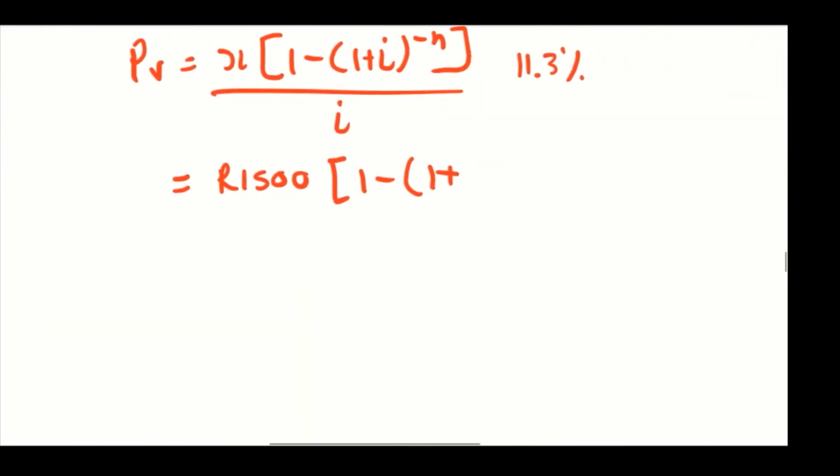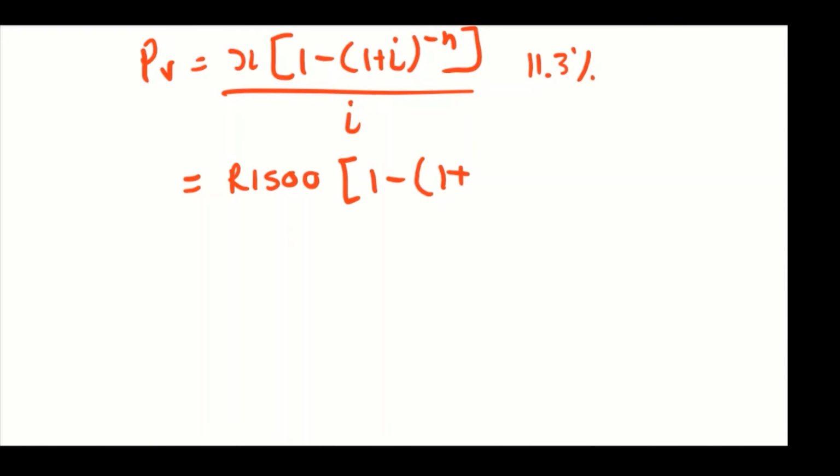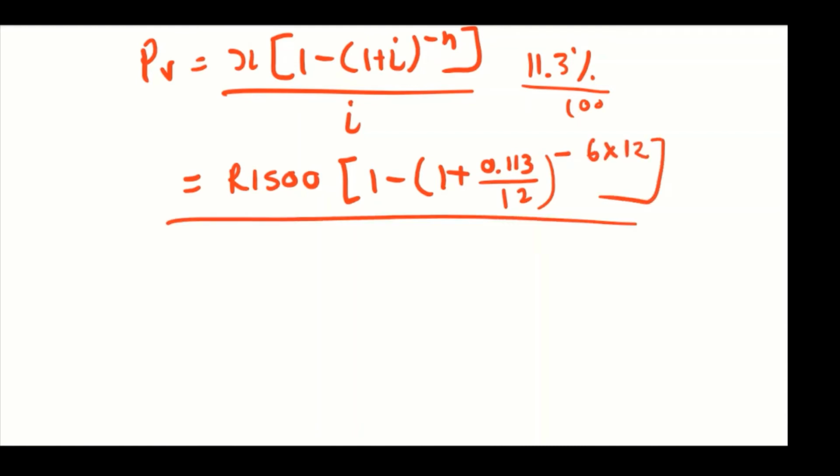So we're just going to say 0.113. You can do that by dividing 11.3% by 100, and then dividing by 12 here, to the power of minus how many years? It's 6 years multiplied by 12, divided by 0.113 over 12.